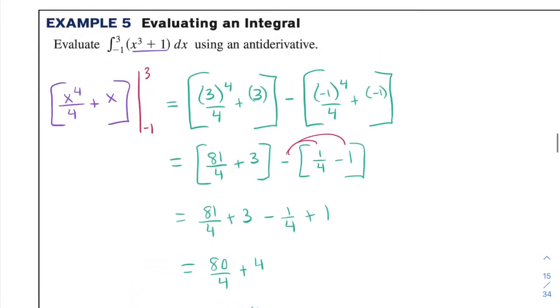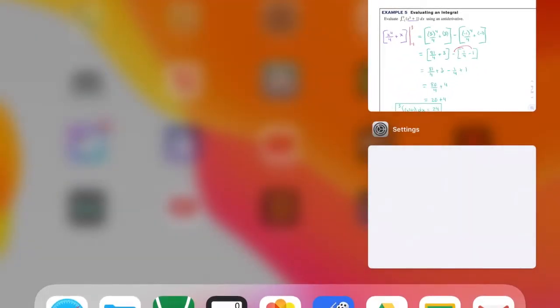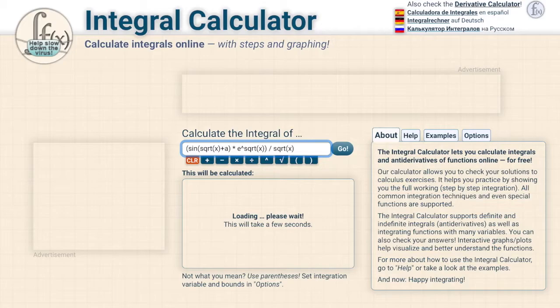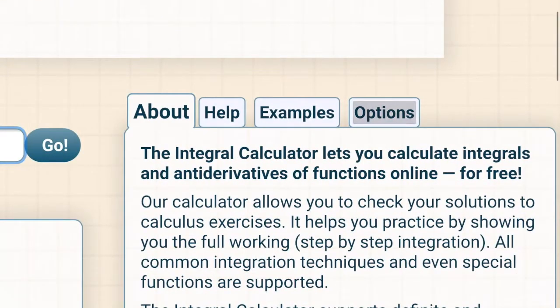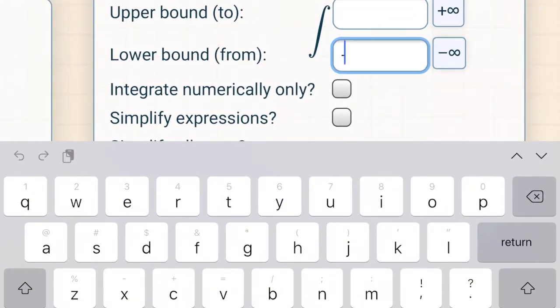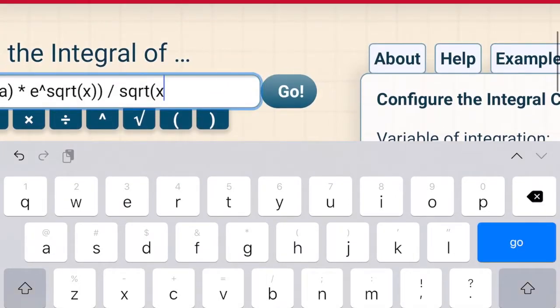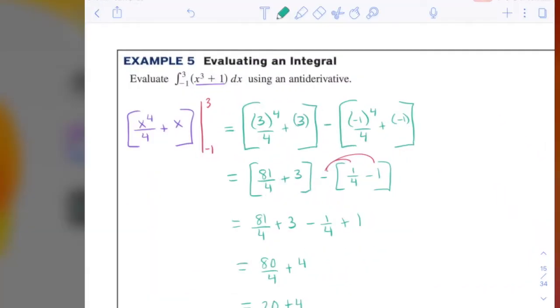Now, how do I know it's right? Well, for this one, you can check your work. So I'm going to go to the integral calculator because I don't know who has and who does not have at home a graphing utility. Go to options. We're going from -1 to 3, and my function was x cubed plus 1.